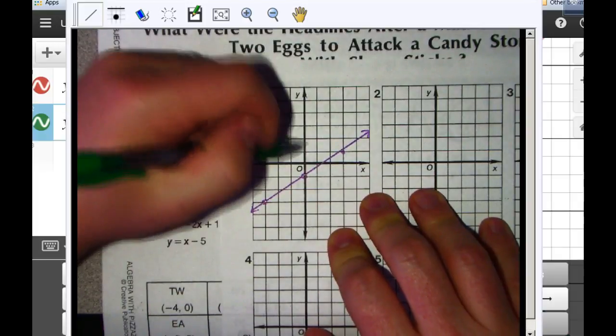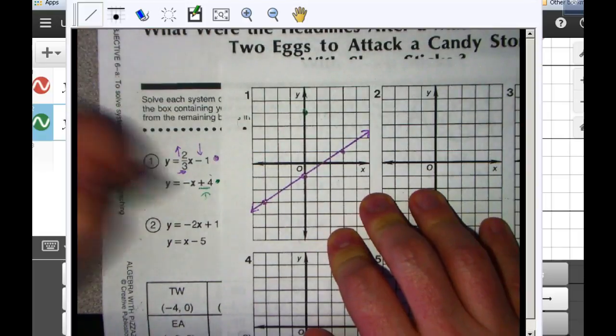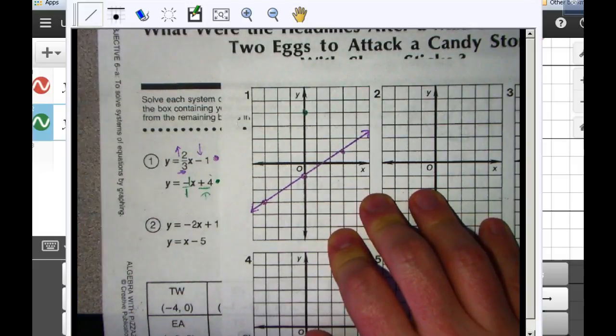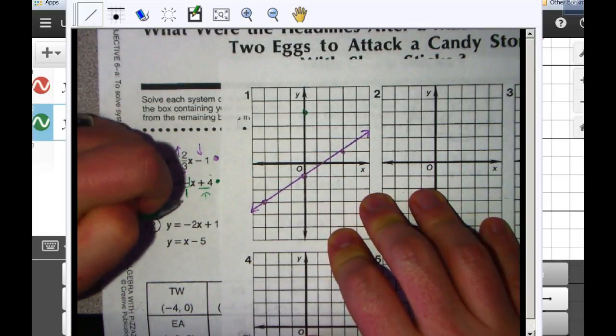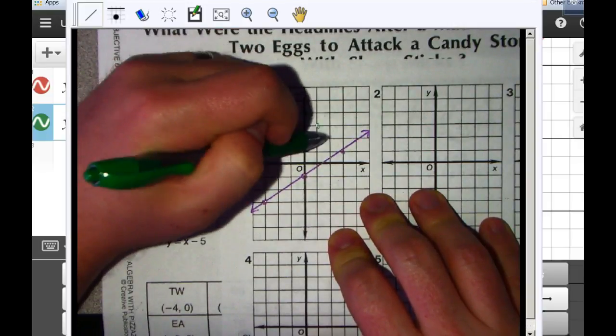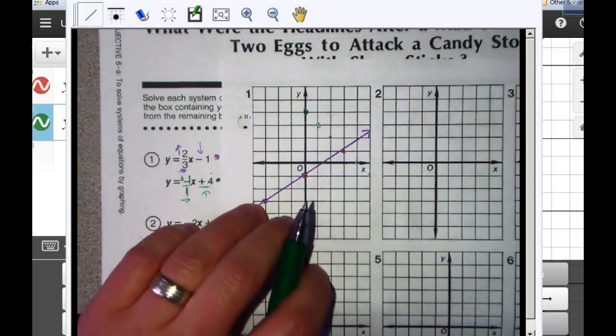So I'm going to go positive 1, 2, 3, and 4 up here. Now negative x means -1, which is the same as -1 over 1. So we still have to fill in those missing numbers for the slope as needed. So you go down 1 and right 1. Do that a few times. And you should see them intersect at a certain point.